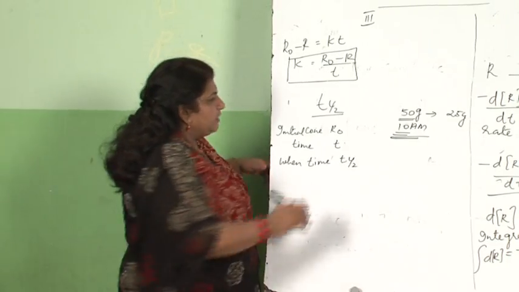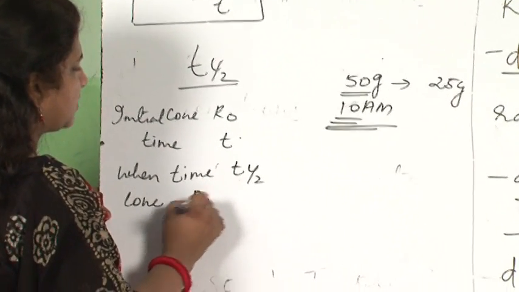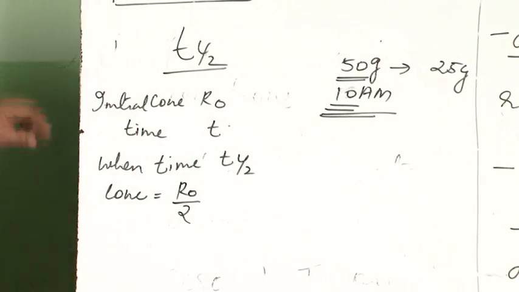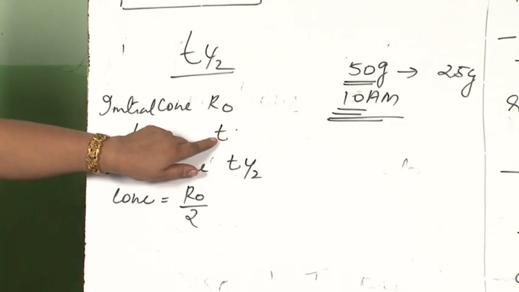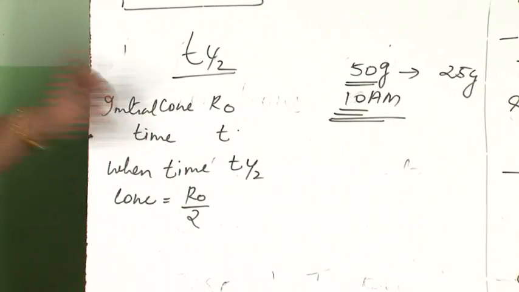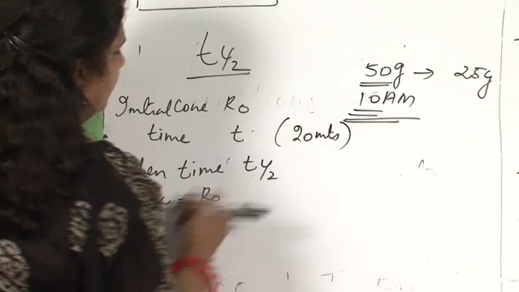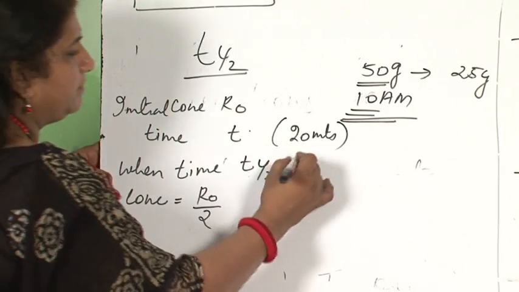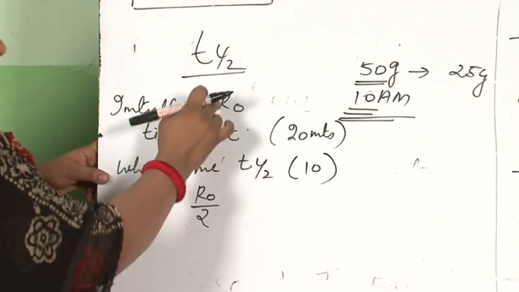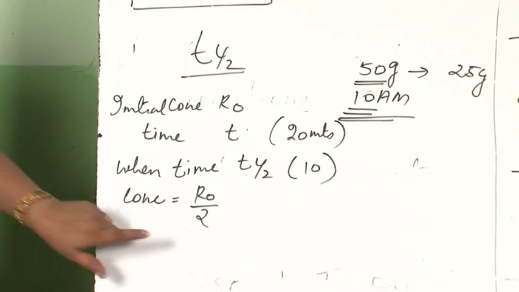Half the time, the concentration will be R0 by 2. Initial concentration is R0, time was T, suppose the time is 20 minutes, initial concentration was R0, when time becomes T half, 10, the concentration will be half of R0, naturally, T half.